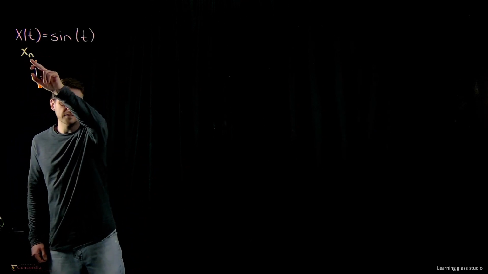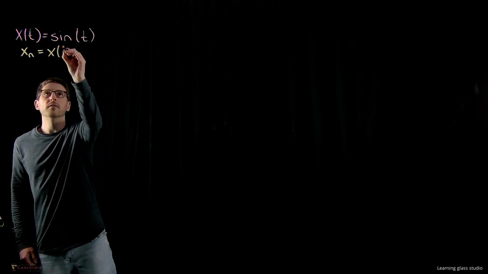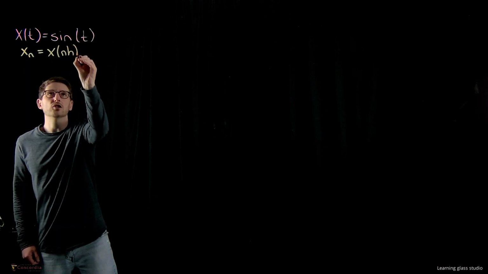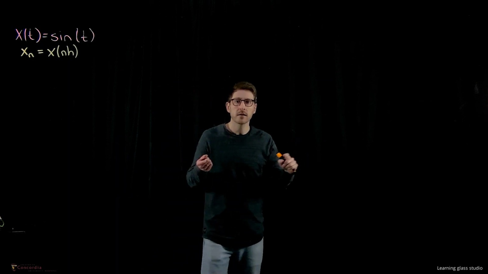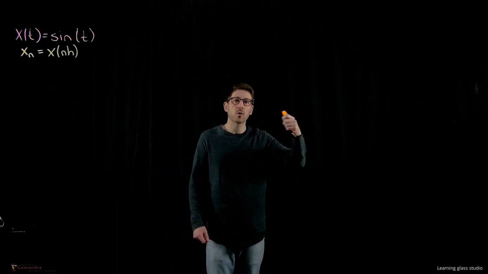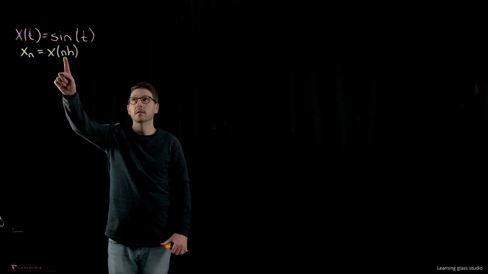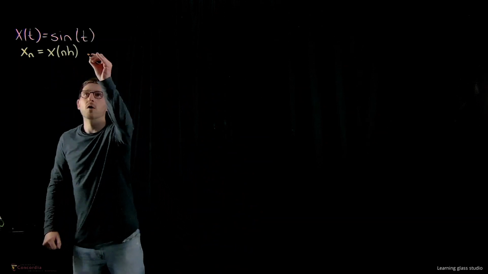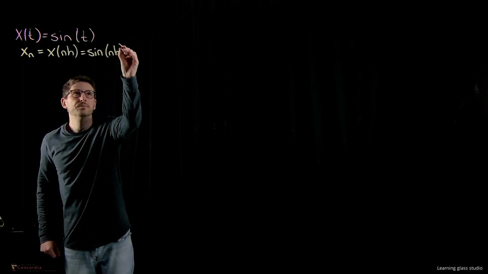The nth data point is going to be x of n times h. H is a discrete time step. It's the sampling rate, how quickly I can sample this thing. N is just how far into the signal I've gotten. Okay, so of course this is just sine of nh.